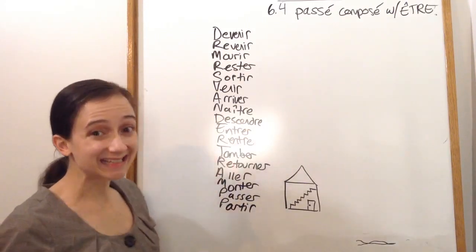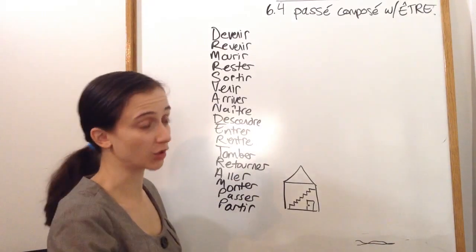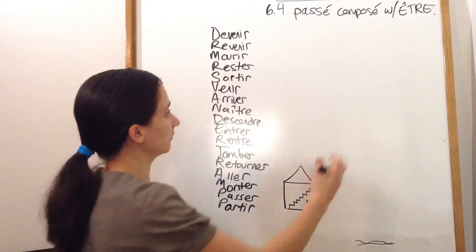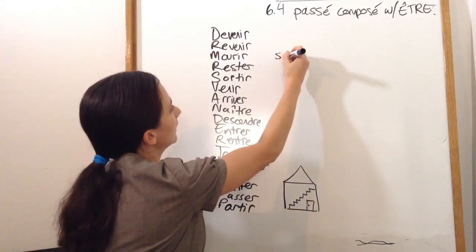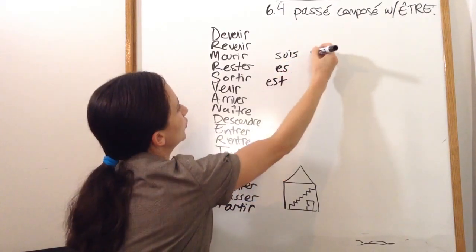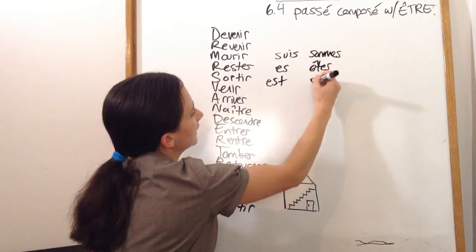So you need to know être. If you don't, you need to memorize that right away, otherwise all your past tense sentences, with être and avoir, will be wrong. So remember: je suis, tu es, il est, nous sommes, vous êtes, ils sont.